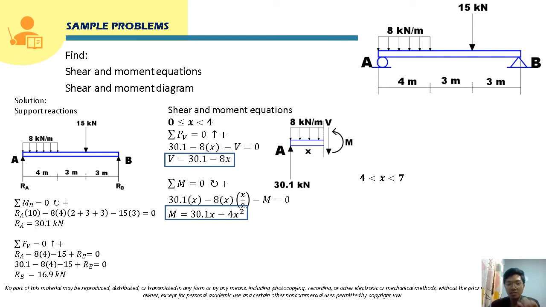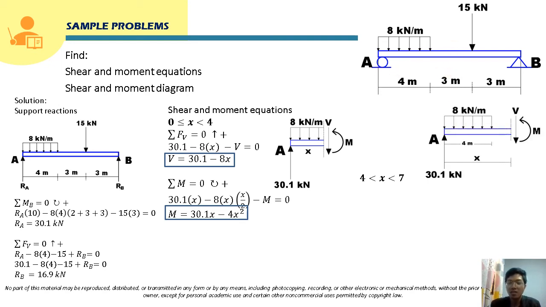Now for the second segment, that will be from 4 to 7. So this will be the second segment. So we are going to cut a section within the span of this second segment. And we are going to consider this left segment. So from the cut section, that will be distance x from the left.